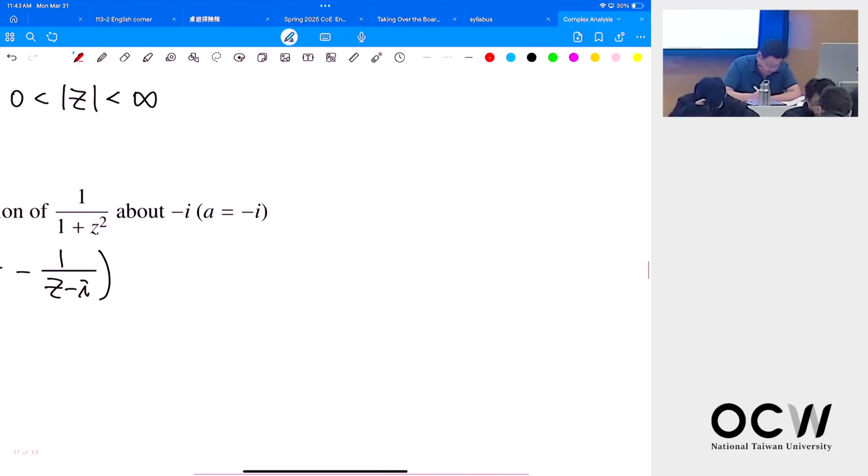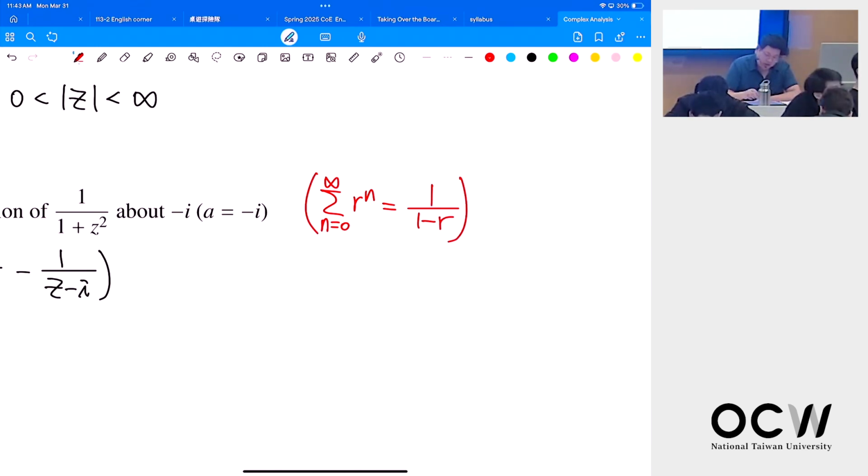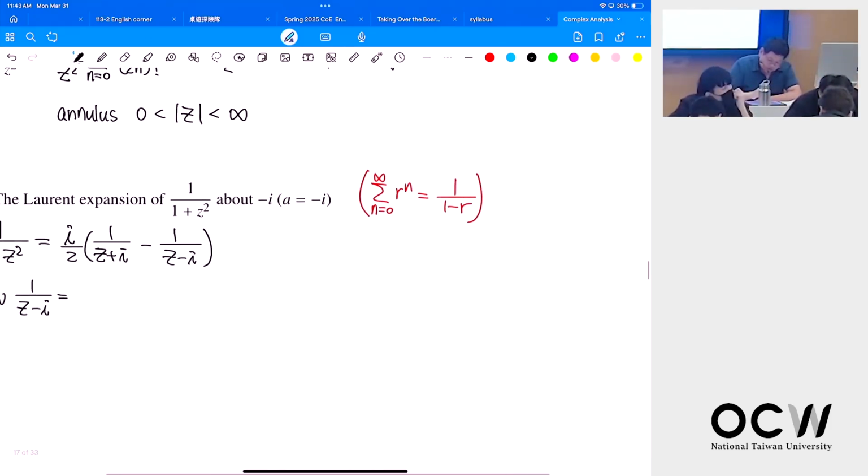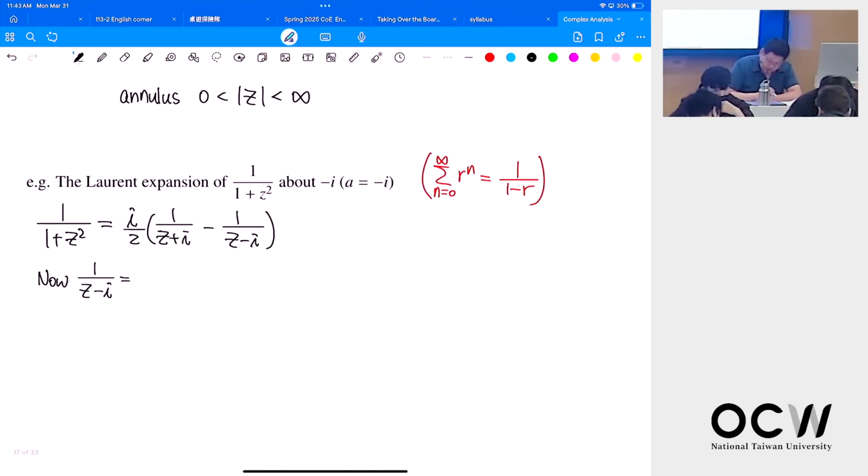The sum n from 0 to infinity of r to the n will be 1 over 1 minus ratio, and the magnitude of this r should be less than 1. So now I need to create 1 minus r.